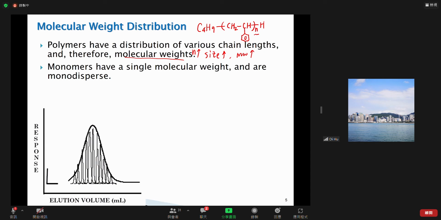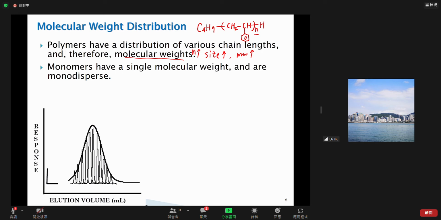The molecular weight also determines mechanical properties of the polymer, such as strength, toughness, and viscosity. If the molecular weight is too low, the transition temperatures and mechanical properties will generally be too low for the polymer to be useful for commercial applications.